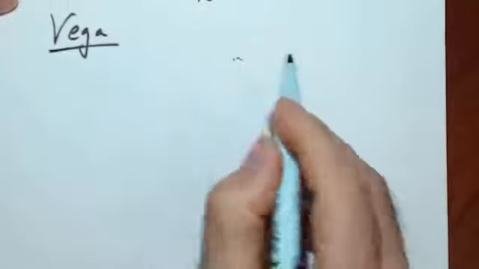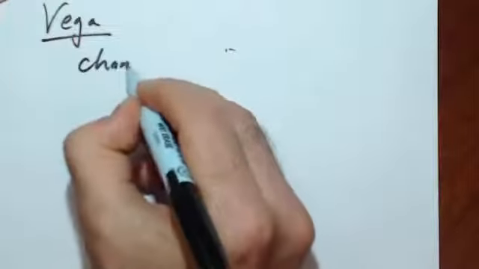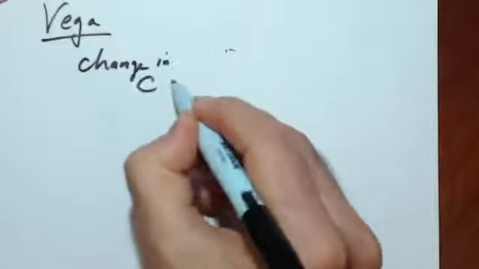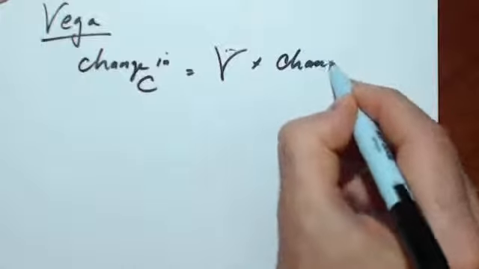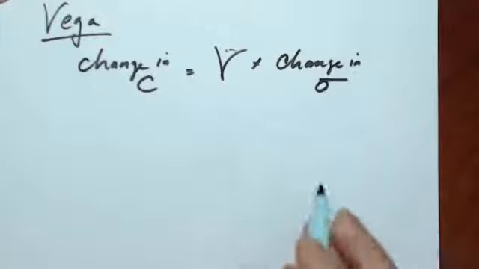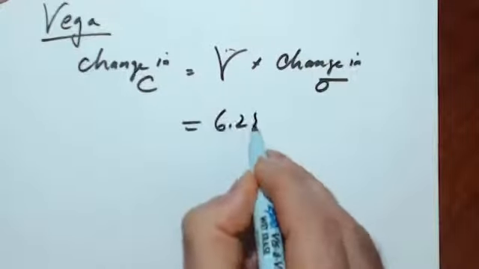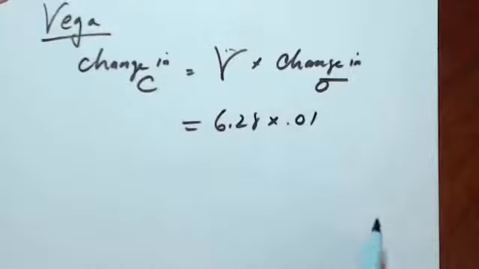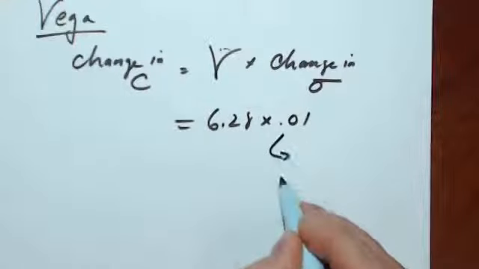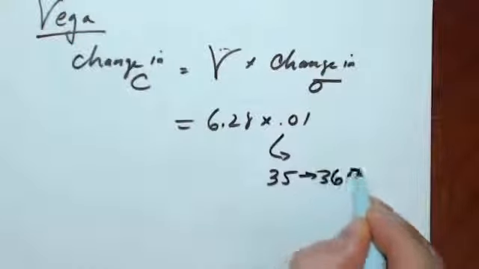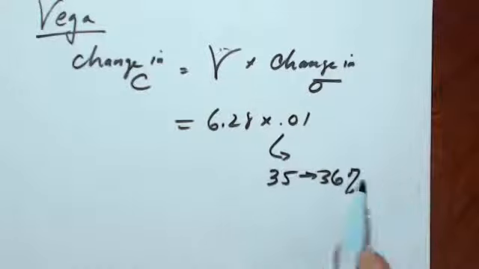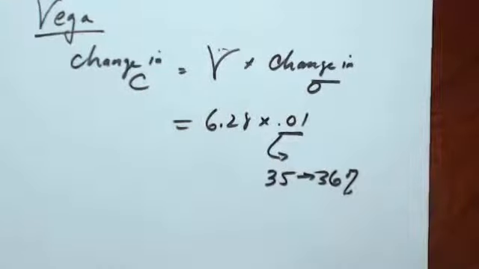Okay, the next Greek is Vega, actually not a Greek. And Vega here is we're looking at the change in the call equals Vega times the change in volatility. And Vega was 6.28 positive times 0.01 for the change in sigma. And that was going from 35 to 36% is what I increased it. So that's what I'm thinking here when I'm looking at the change in sigma.